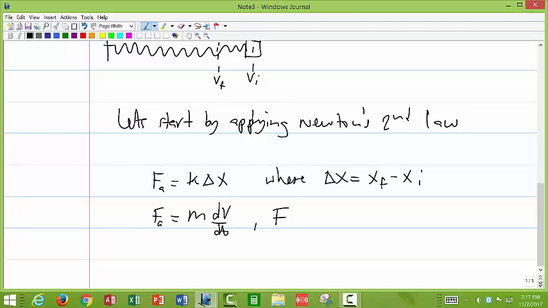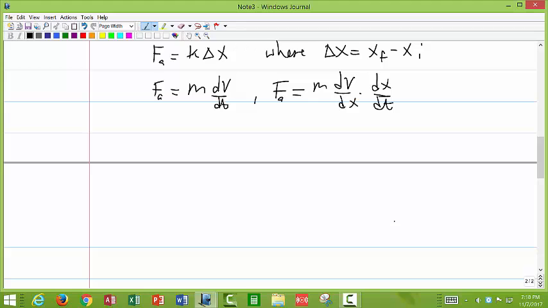So in this case, F is equal to m dv dx times dx dt. That's our applied force. And then we are saying that m v dv dx is equal to k delta x.